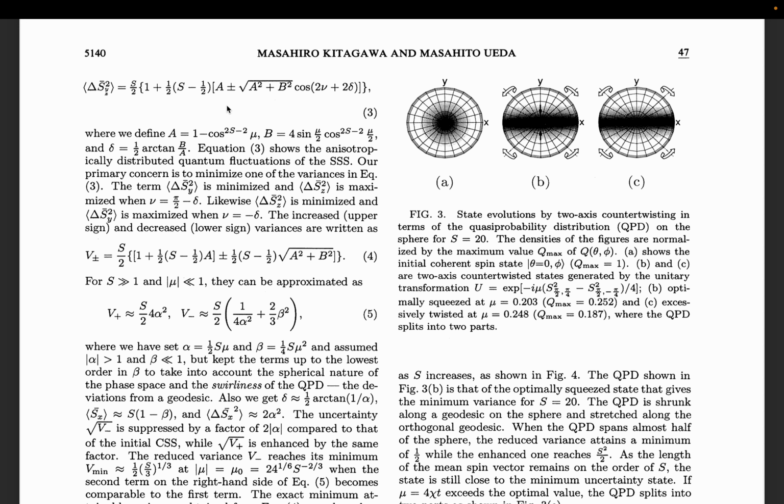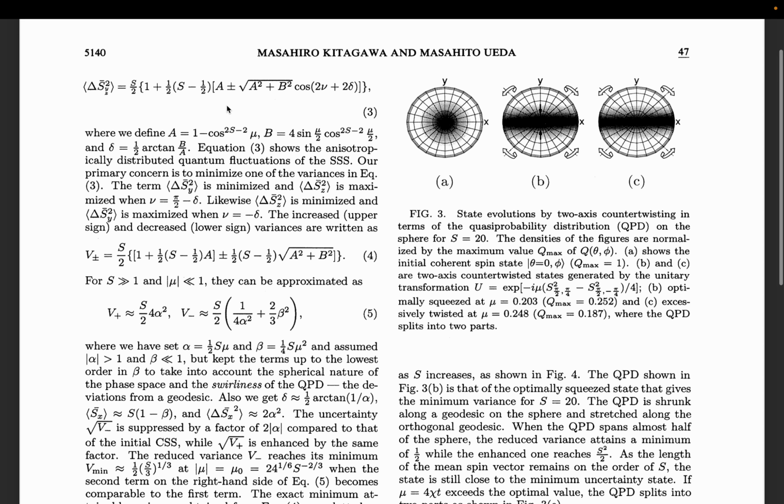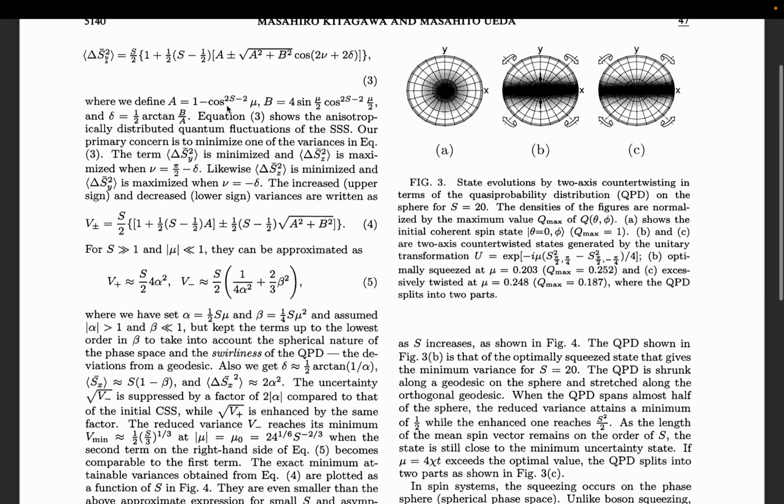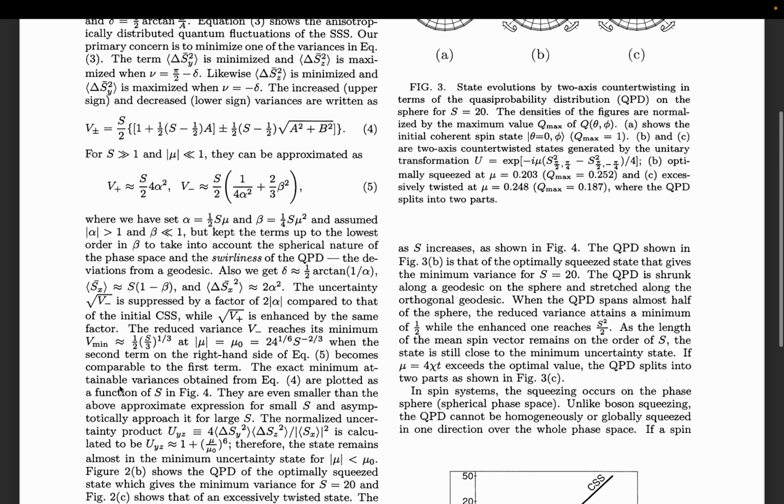Now one has to search for the minimum variance in the yz plane. With a suitable choice of parameters, one can reach up to the value given here, half of s by 3 to the power 1 by 3, asymptotically. This is the minimum variance one can achieve.